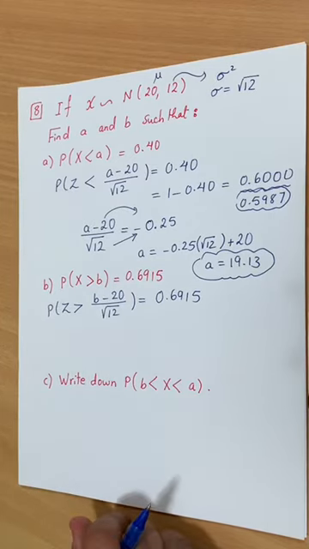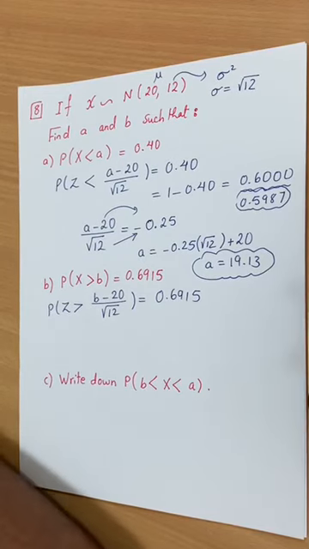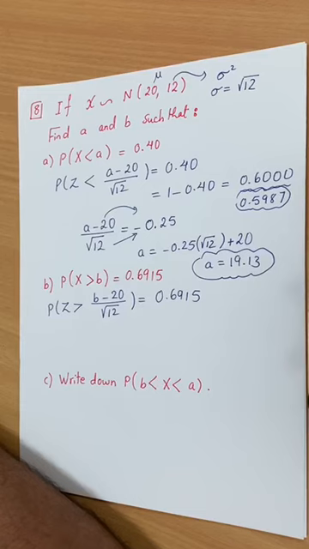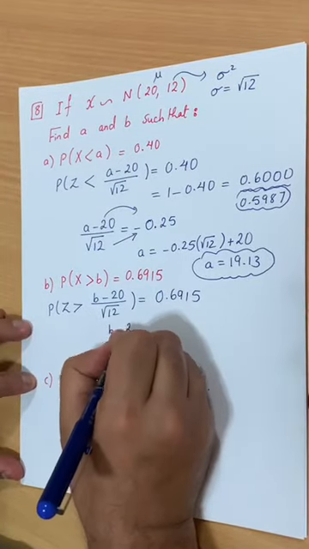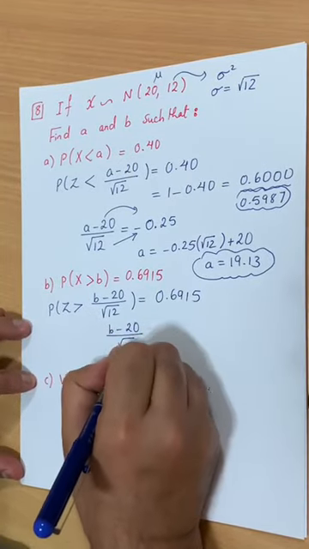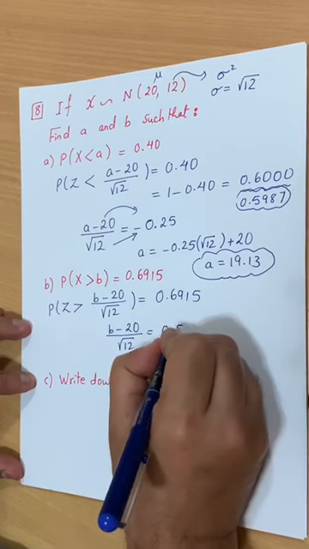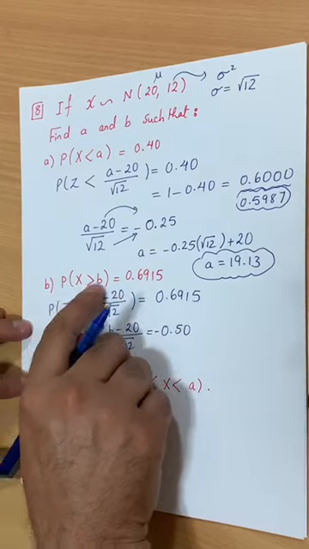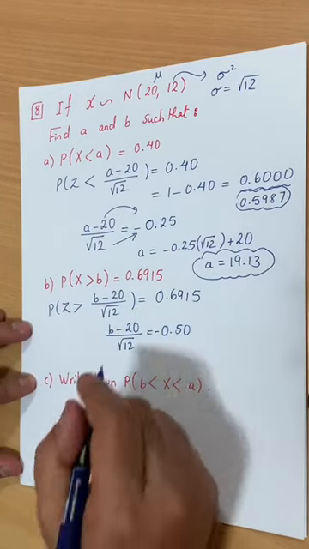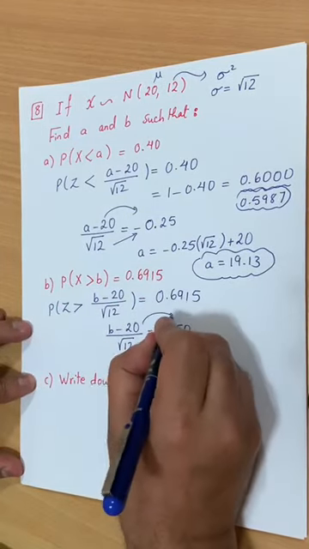Now let's check the value in the table, 0.6915. You have this value in the table. Yes, it's on the line of 0.5, the first column, 0.50. So b minus 20 over root of 12 is equal to 0.50. But you're supposed to add a negative sign because it's more than negative is table value. So you do cross multiplying and you move that to the other side.